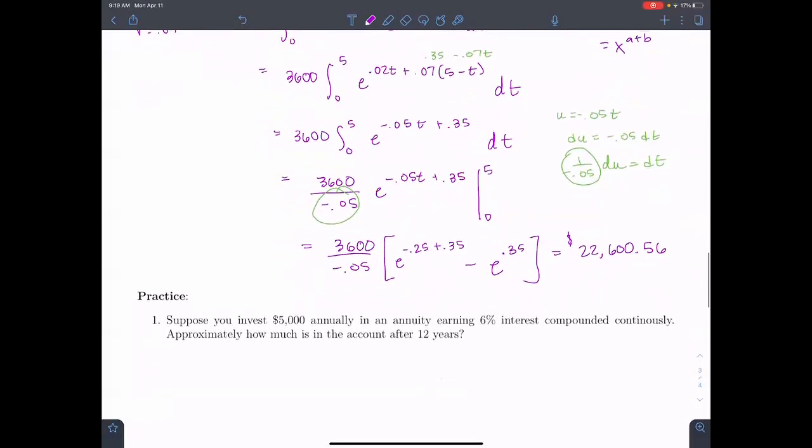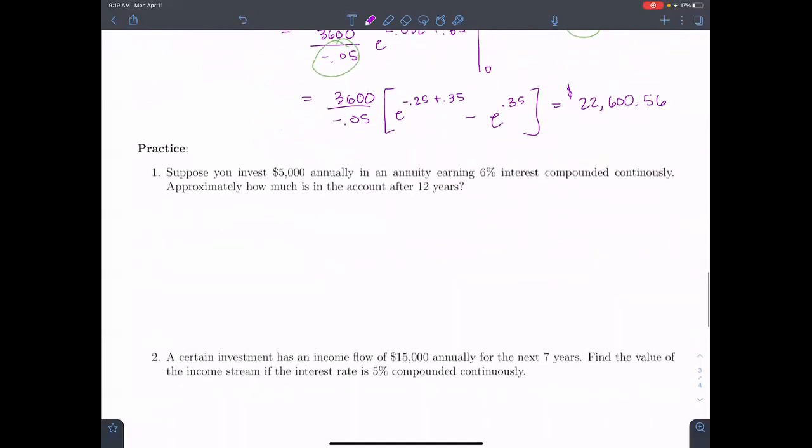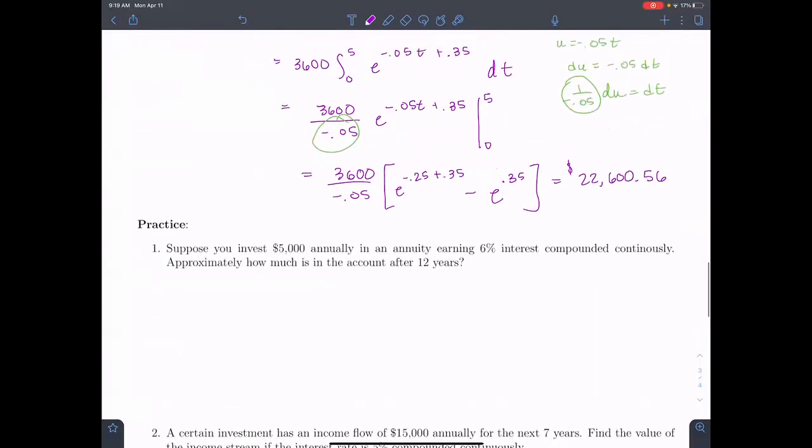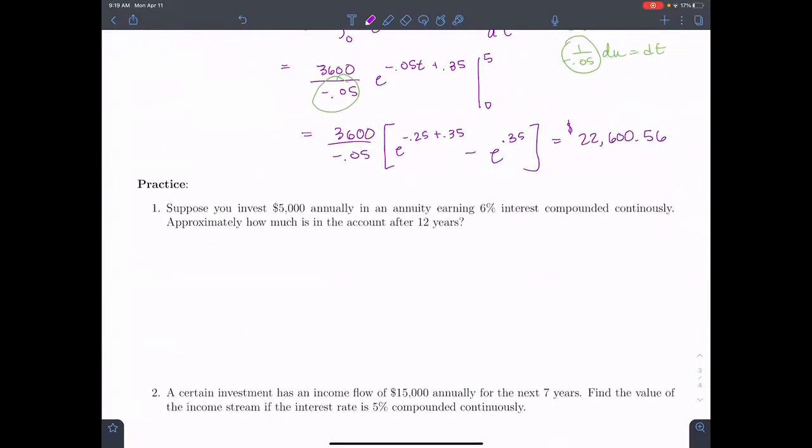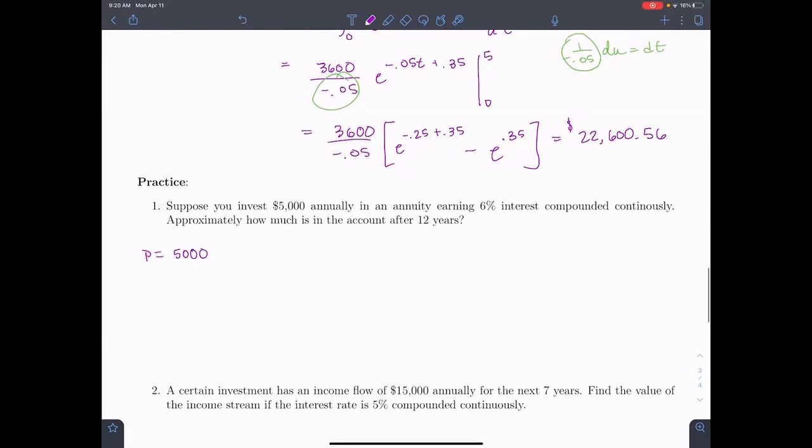Let's do another one. This is going to be an annuity, the one down here. We have $5,000 invested annually, so P is $5,000, R is 0.06, and N is 12.